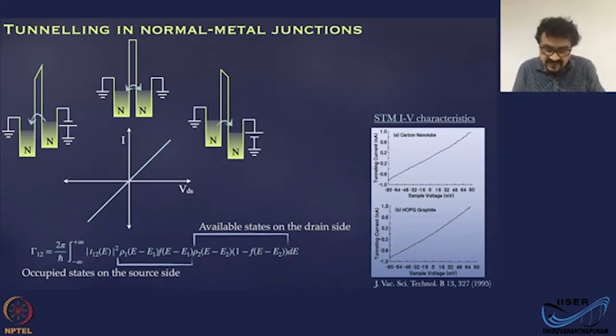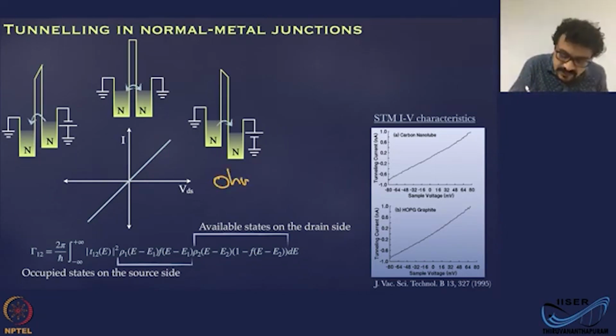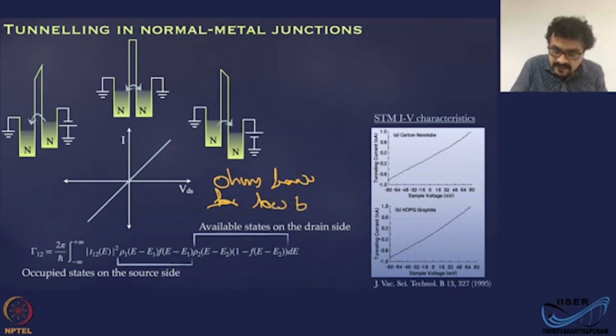And this difference of the Fermi functions eventually reduces to the applied bias, which you have seen in one of the previous lectures. And this is going to obey Ohm's law. For small, low bias, you will get Ohm's law.